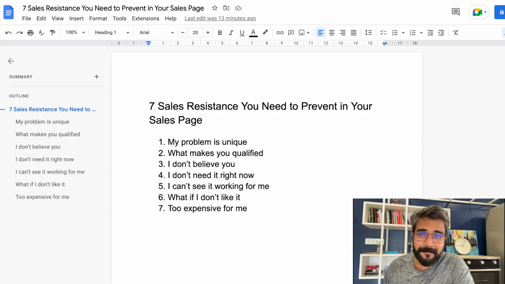Most customers are skeptics because they're constantly bombarded with ads and all these kinds of coaches and offers. So they need to really, really trust that this is the right thing that they are going to do. And that is why many people think, hey, I don't believe you, show me what you can do.